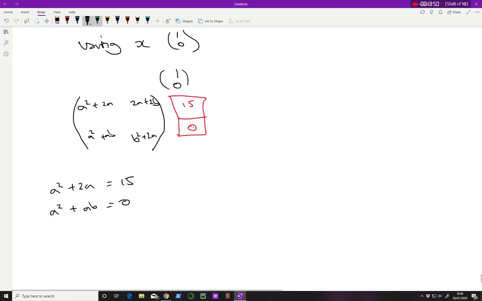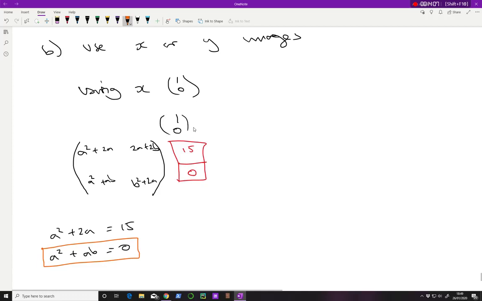Okay, and I'm going to do something special by highlighting this in orange, because there's another way we can get our final answer of A and B by using this and the second one, which I'm going to write using the Y image. So using Y, which is going to be 0, 1, the same concept applies.